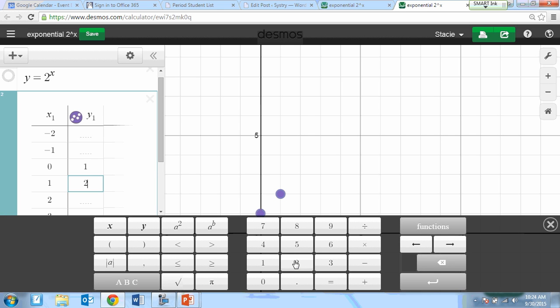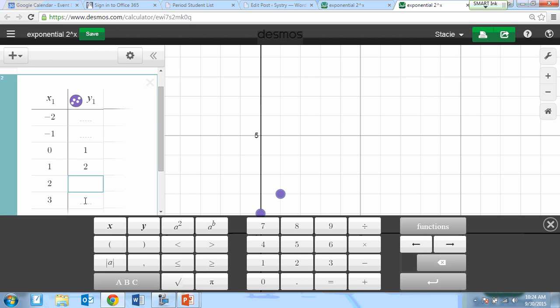We'll put in 2. 2 to the second power is going to be 4. We put in 3. 2 to the third power, 2 times 2 is 4, times 2 is 8.